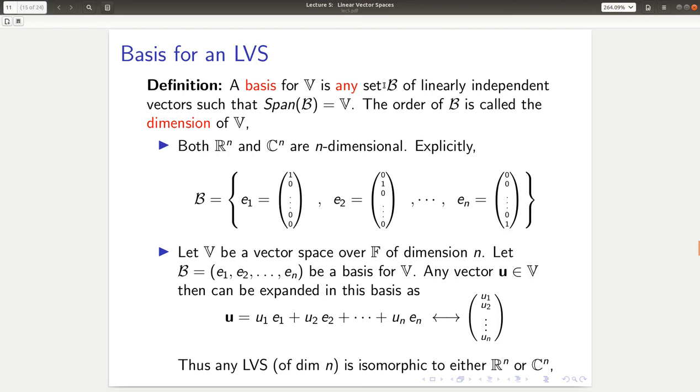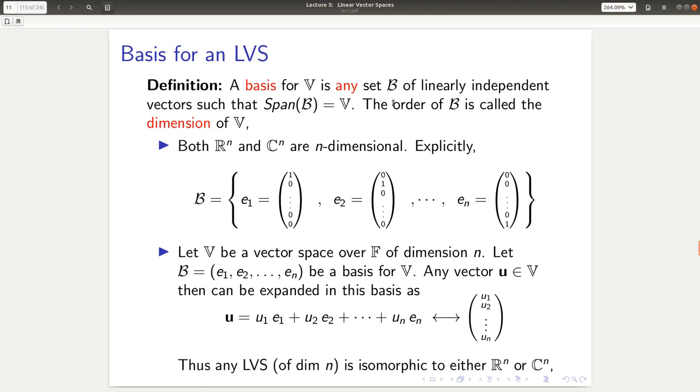So this is the analog of SF, but it satisfies the span of B is V. In other words, I get the full vector space. And the order of B, that means the number of elements of B, is called the dimension of V.